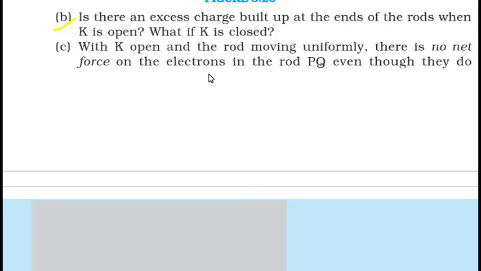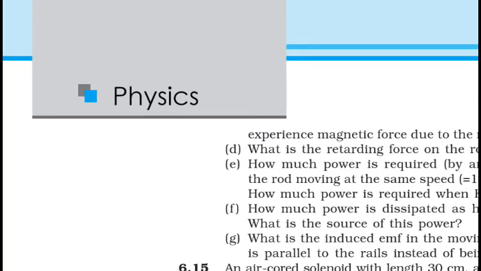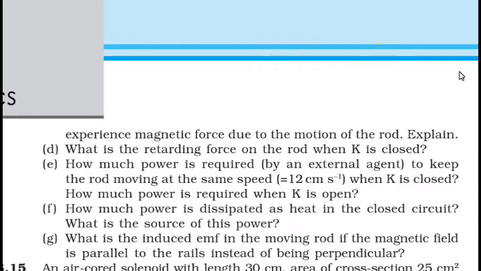The next question is: with K open and the rod moving uniformly, there is no net force on the electrons in the rod PQ even though they do experience magnetic force due to the motion of the rod.